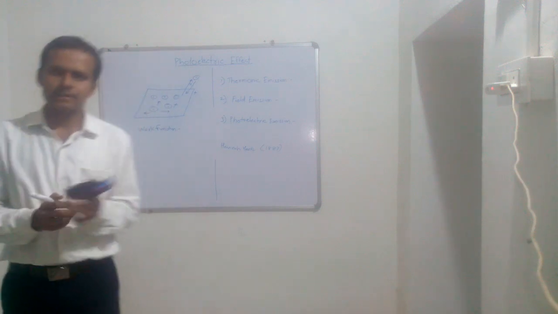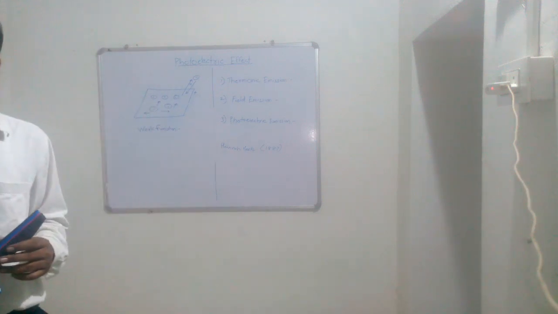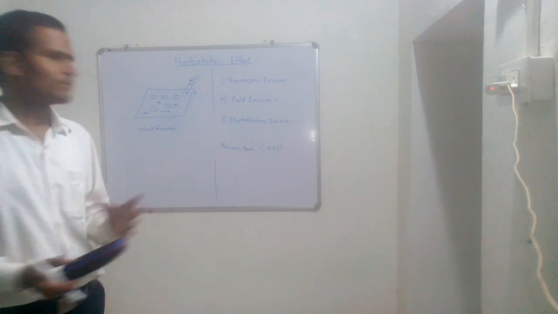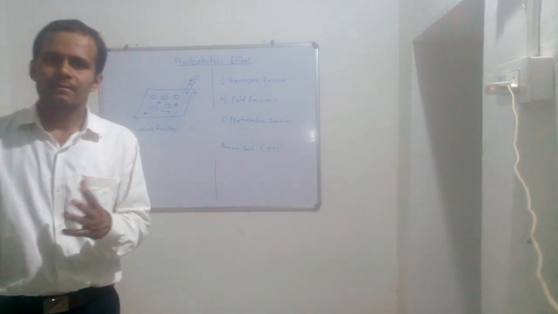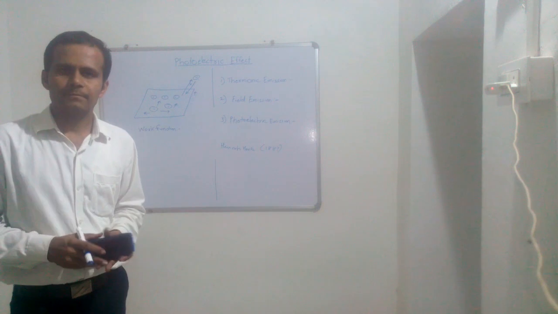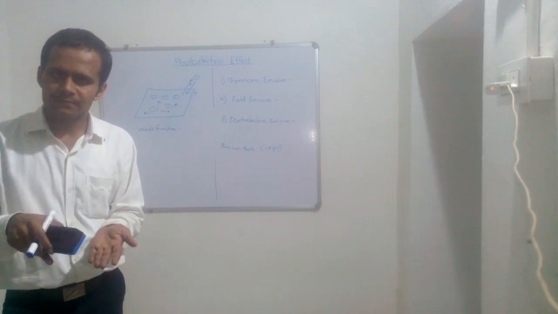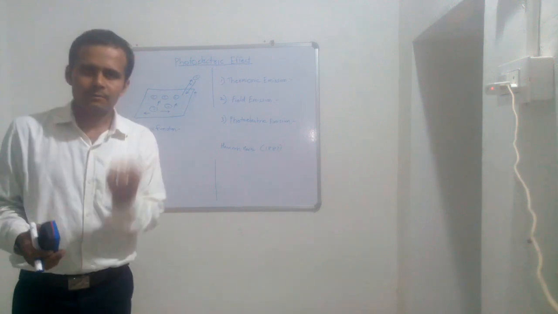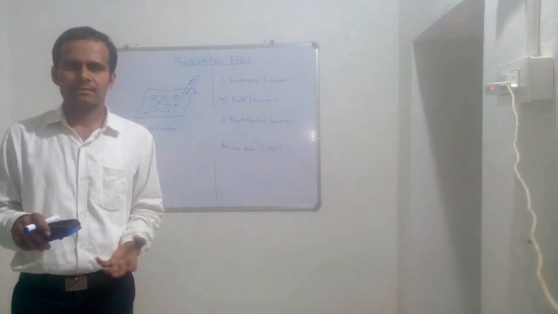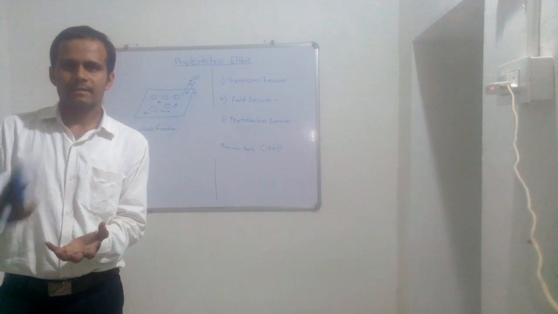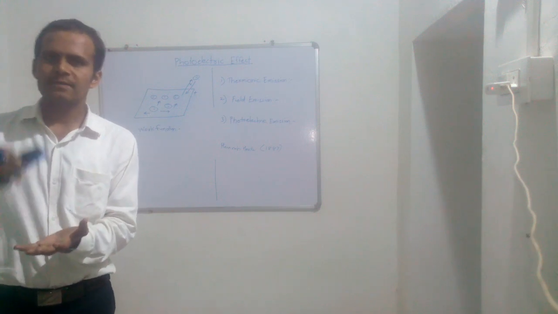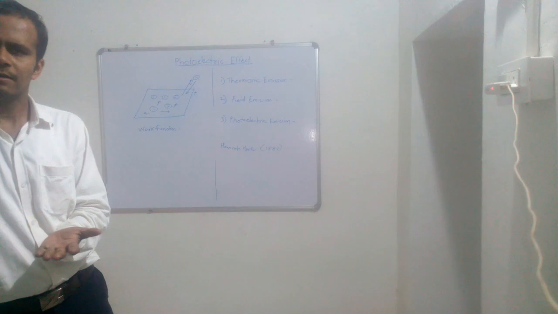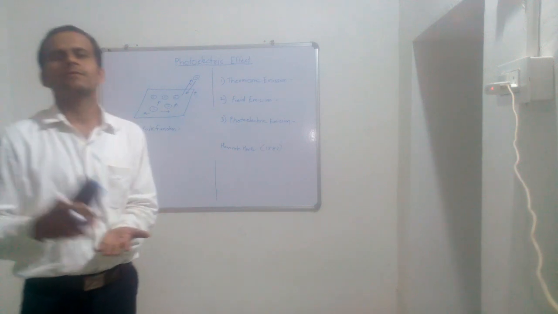In 1887, Heinrich Hertz first observed this photoelectric effect. According to him, when light falls on a metal surface, the electrons of the metal absorb the energy of light and escape out of the metal surface into the surrounding medium or into the vacuum.